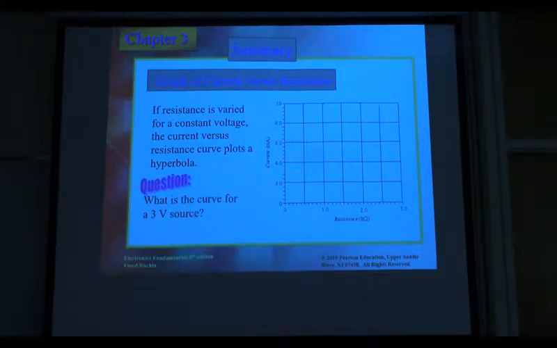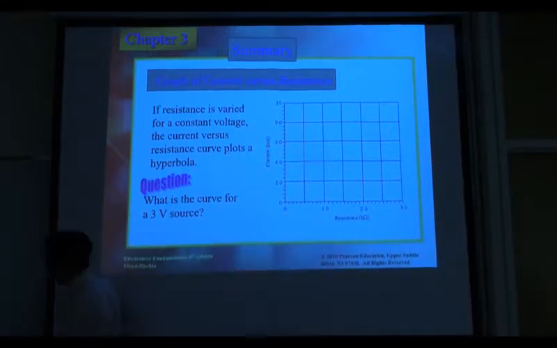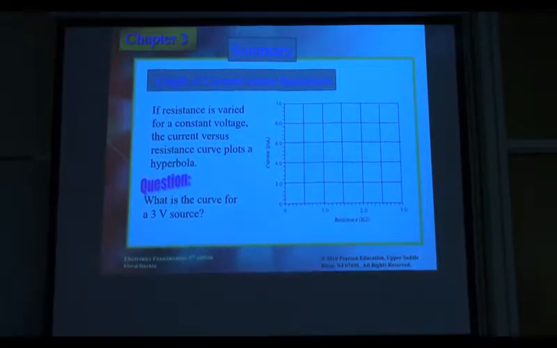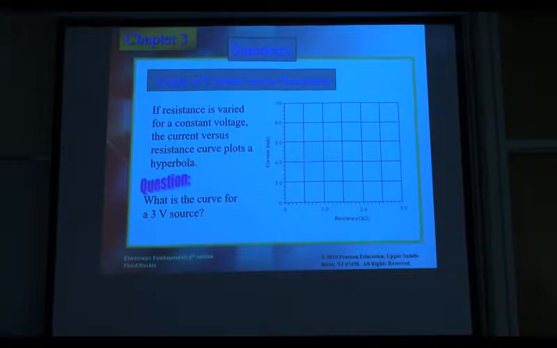What is the curve for a 3 volt source? That means the voltage equals 3. So here, this one equals 3, and we change R, this one will change. So 3 equals I times R, and we change R, I will also change. So this goes up, this will go down. This goes down, this one will go up.